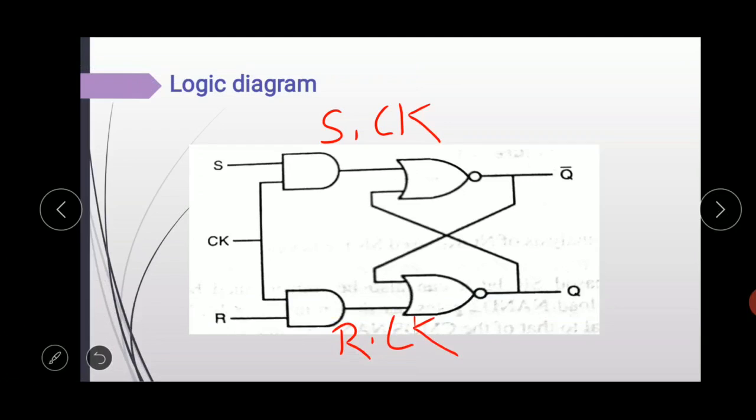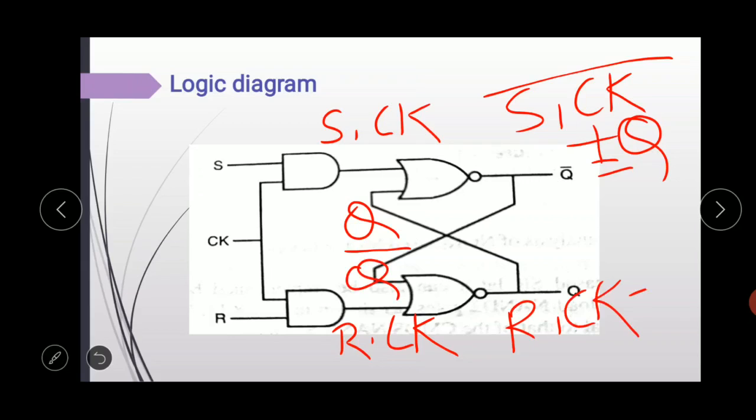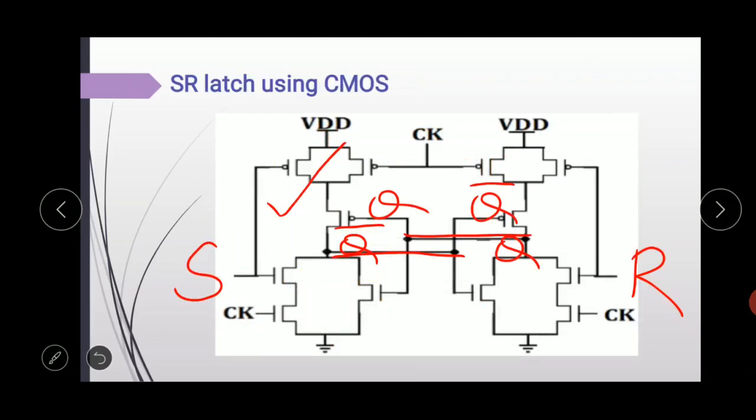Then this S into Ck is given as input to the NOR gate, and to the other input Q is given. So at the output we get S into Ck plus Q whole complement. Like that, to the other input we give Q bar, so R into Ck plus Q bar whole complement. So this is the equation. Using this equation we draw this diagram.